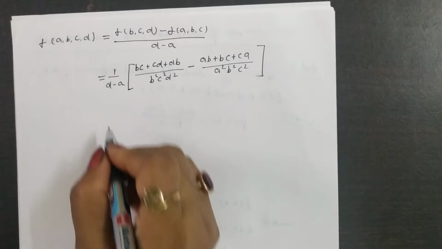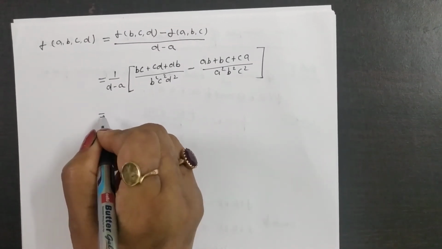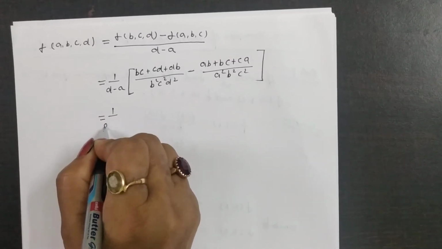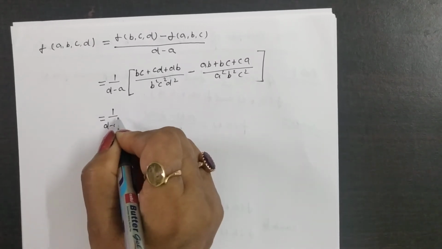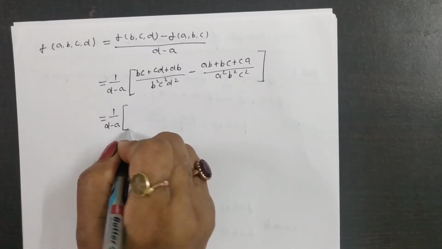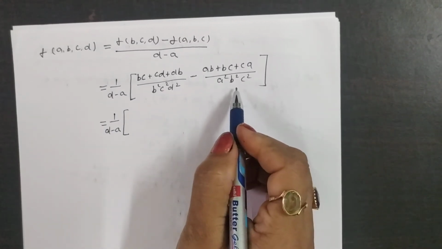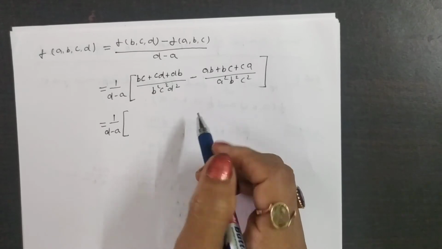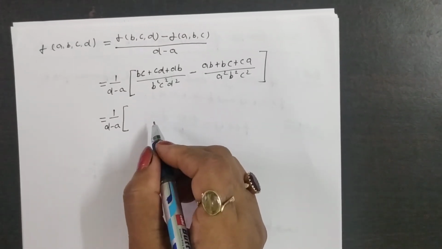Now this can again be written as, this is f of abc, that is 1 by d minus a. This can be written with a square b square c square and b square c square d square, so the common term is a square b square c square d square.